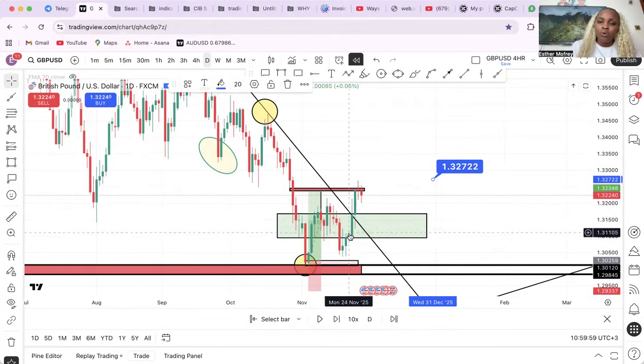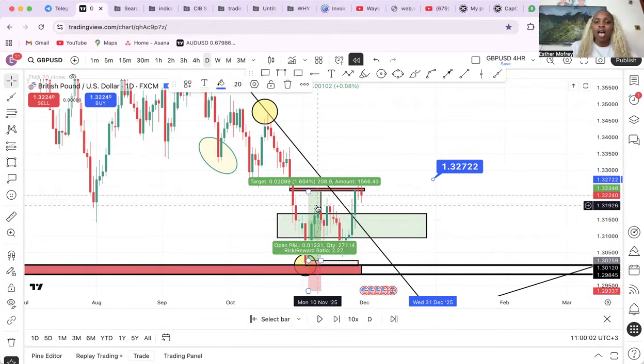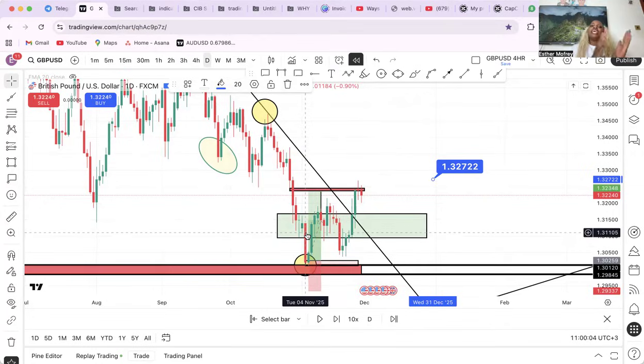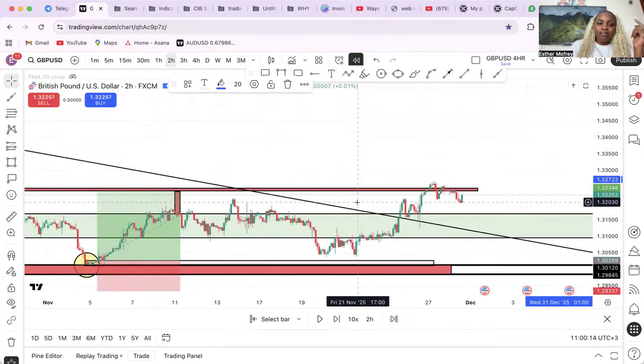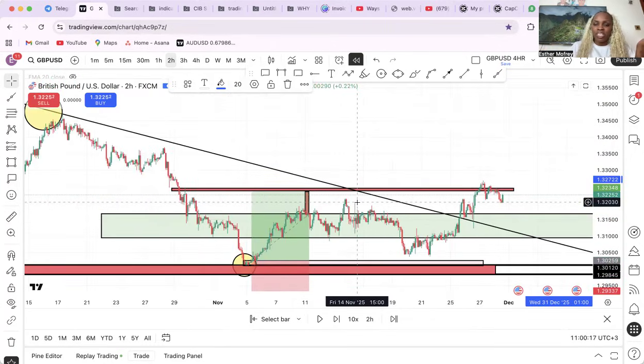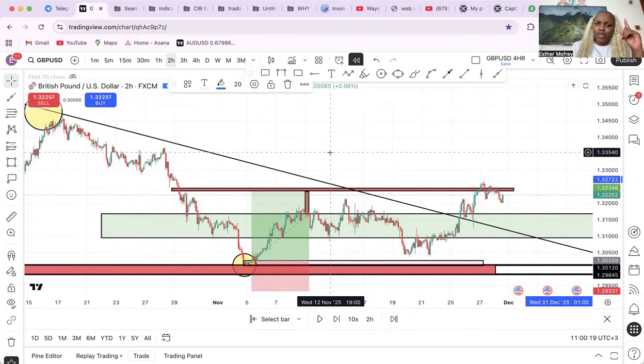So the take profit went again to my distance of the CIB. So daily CIB helped me to know where to take profit, but 2 hours gave me a CIB and a double bottom and helped me to trade. If you trade this way, you'll be good to go.